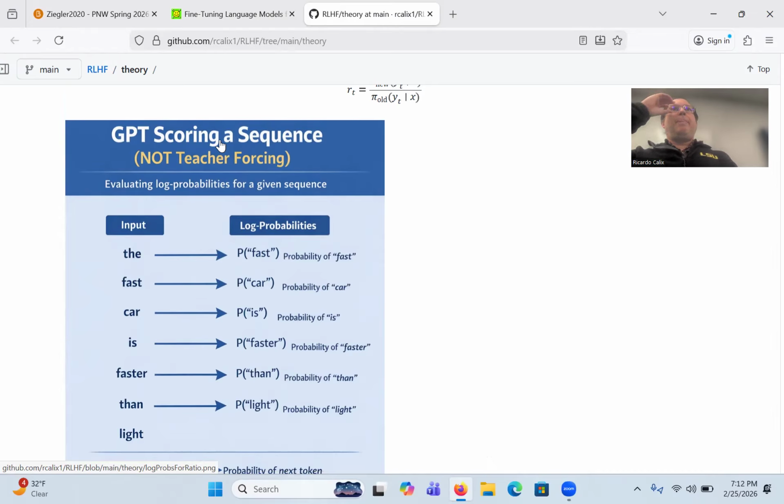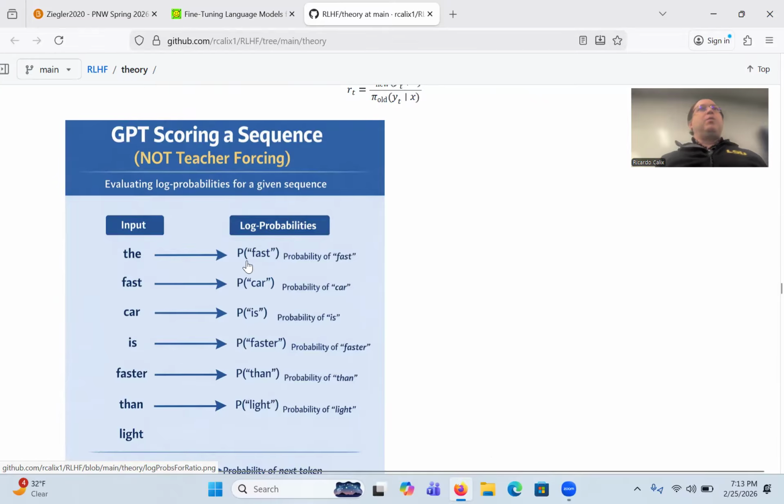But the score that we are getting from a sentence is just the probability of the next word, right? Yeah, it's the probability of the next word. So again, every time you give a sentence to a GPT, it repeats that same sentence to you, and then it starts generating.